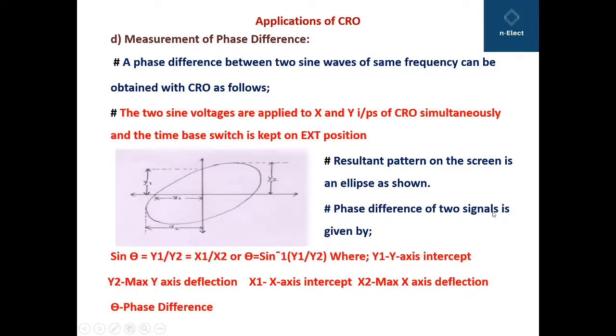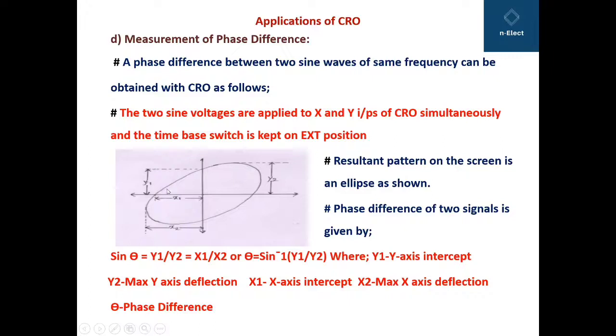Phase difference of the two signals is given by sin theta equals y1 upon y2. So this is y1, while y2 is the maximum displacement from the x-axis. It is also equal to x1 upon x2.